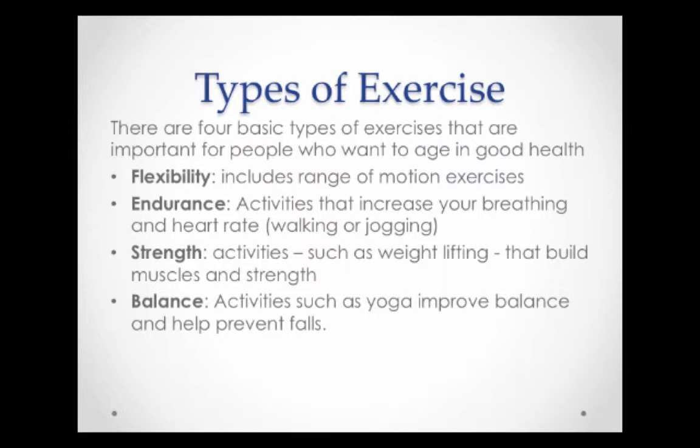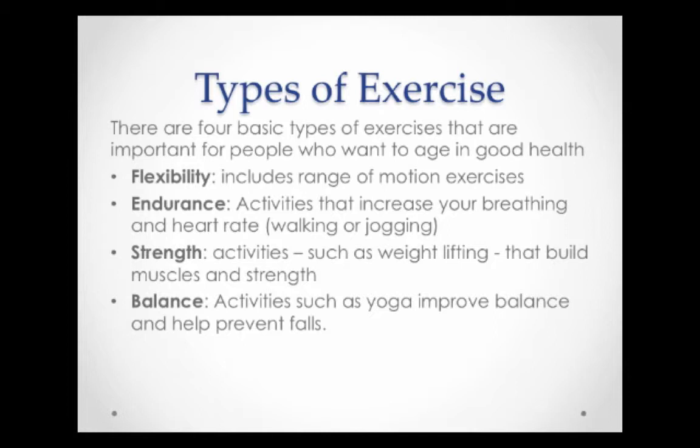Types of exercise. There are 4 basic types of exercises that are important for people who want to age in good health. Flexibility. This includes range of motion exercises, which we'll go over in a moment. Endurance. These are activities that increase your breathing and heart rate, such as walking or jogging.